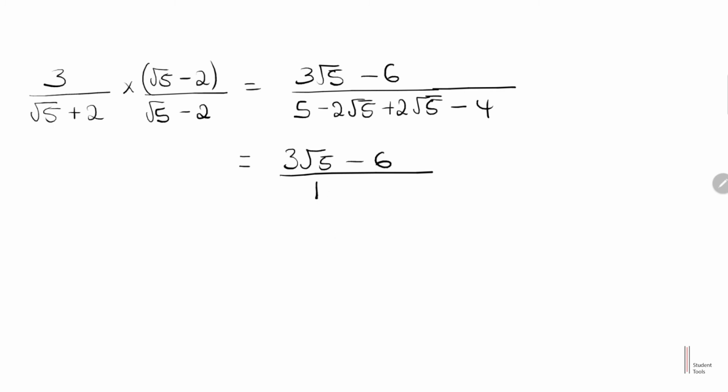We have an integer. So that means our job is actually done here. We can leave it like this or leave it as 3 multiplied by root 5 minus 2 when factorized. It's still the same thing, but that is just how we rationalize the denominator of this fraction. Okay, now let us move on to question 18.